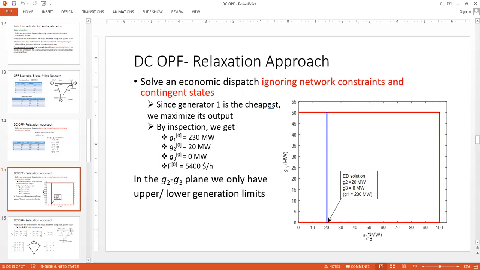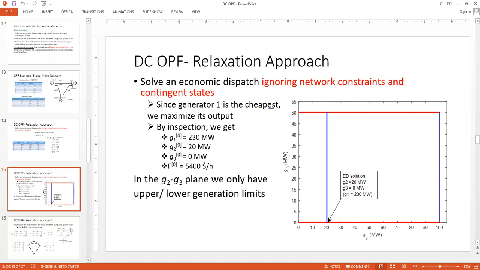So let's see how we are going to solve it. If G2 is along the x-axis and G3 is along the y-axis, what about G1? G1 will not appear explicitly on this feasible solution space because that is our third dimension. So G1 will be implied. Implicitly, the solution value, we will write it down within brackets, just to ensure that it is there, but it is not visible in the 2D plane.